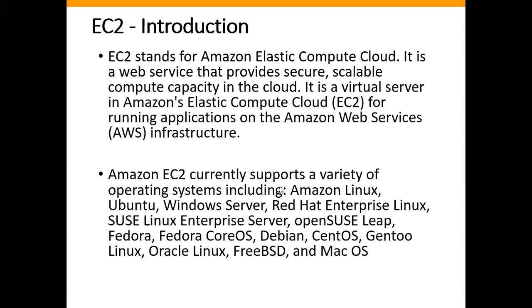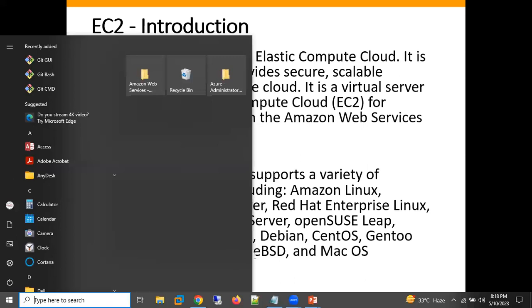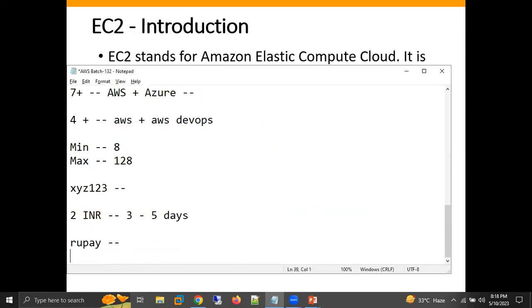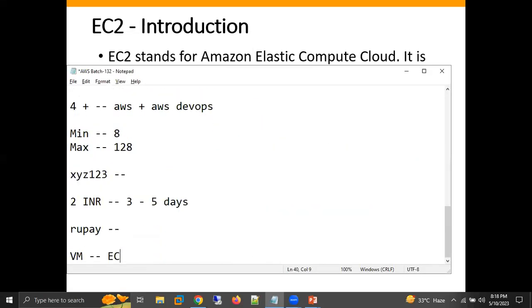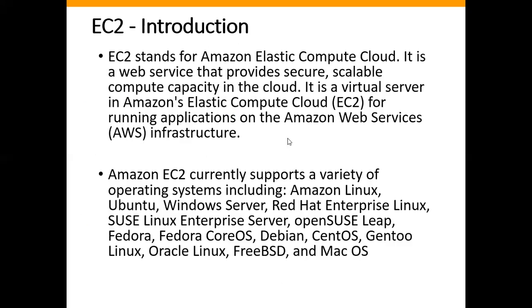Normally we call them virtual machines, and that same service in AWS is called EC2. So that is virtual servers. It means I can create one computer in AWS infrastructure to run any of the applications which we want to run.